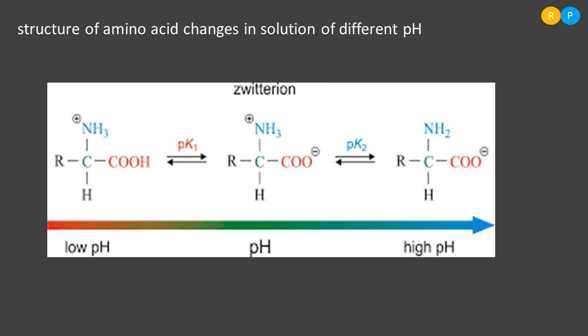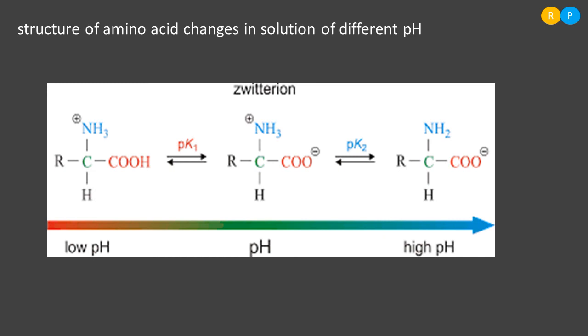Understood, right? So that amino acid gains one proton from the solution because more hydrogen is present in the solution, because it is acidic solution. So when there is more hydrogen in the solution, hydrogen from the solution moves towards the carboxyl group. So that carboxyl group is protonated here.